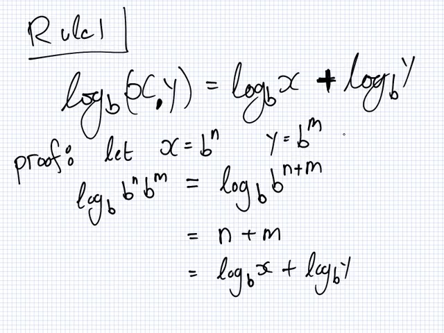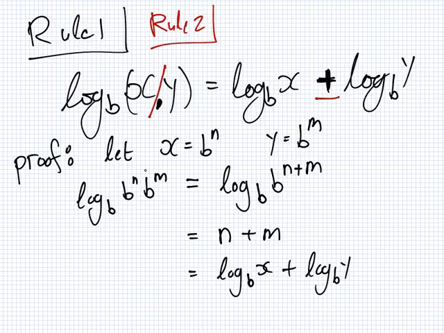Okay, do you have that one? The next one is so similar, I'll write it on the same screen. Rule 2. Log of x divided by y, now you should write it again of course, is equal to log x minus log y. You probably could have guessed. And the proof is so similar, I just need to make small changes to it. Again, let x equal b^n and y equal b^m.